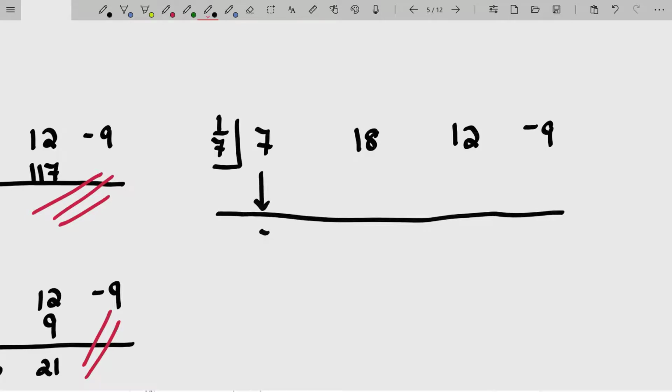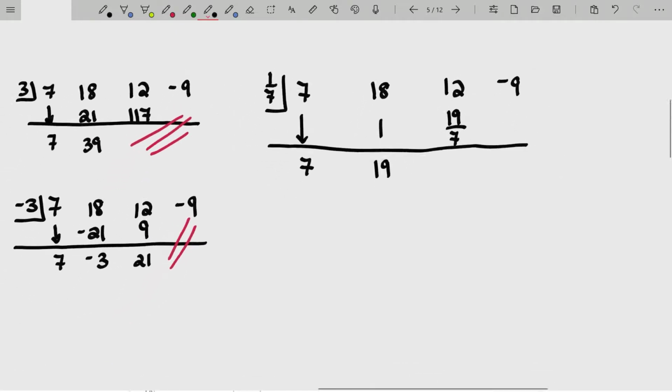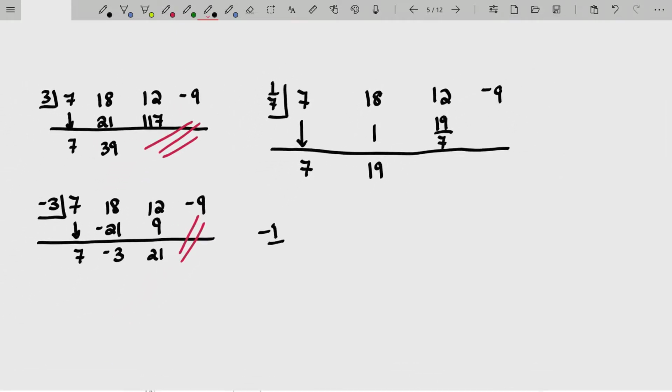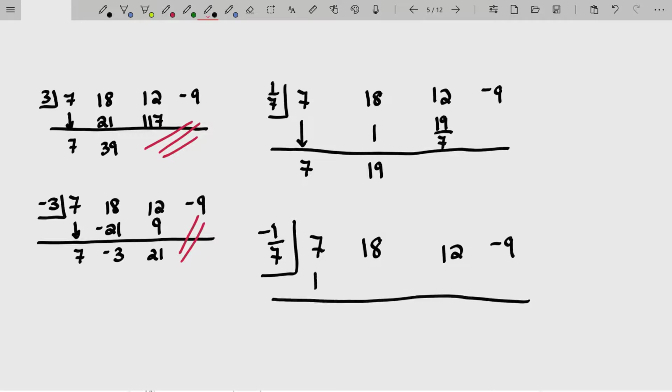And so if the fractions don't cancel out immediately, which they do in this case, 1/7 times 7 is 1, but then I get to 19 and I see, that's going to be a 19 over 7. It's not that you throw this out. I would just move away from it right now and then try the negative 1/7. If I have to, I'll go back to that one, but generally speaking, if you just walk away from it and try something else, it might work out.